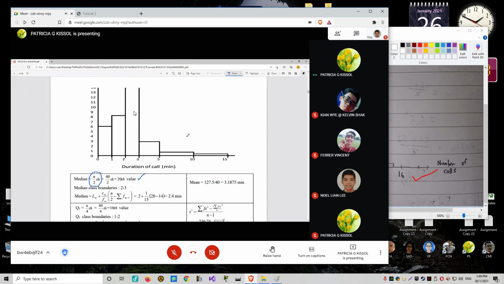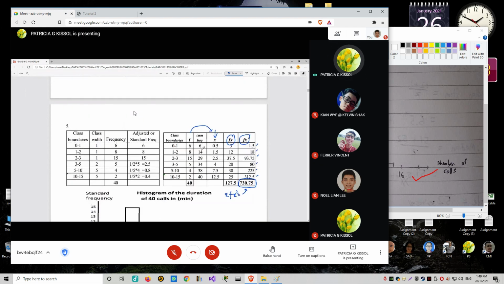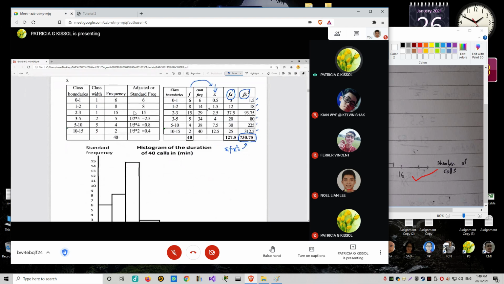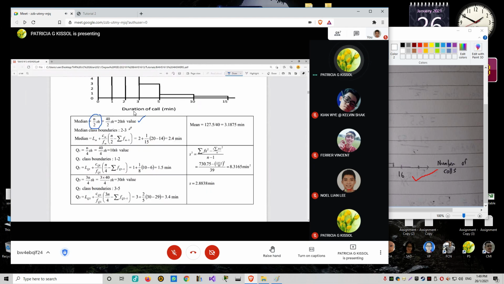Looking at the cumulative frequency here, we take the value 29, corresponding to the class 2 to 3, because 14 is too small. So we take 2 to 3, and that's why the class boundary is 2 to 3. You all following me? Do you understand?